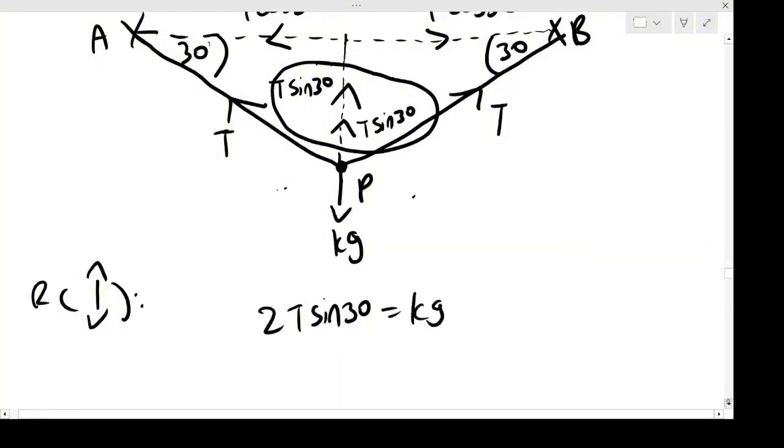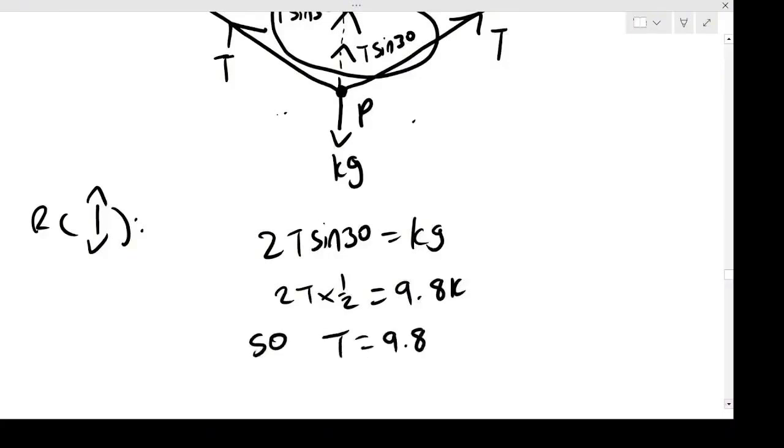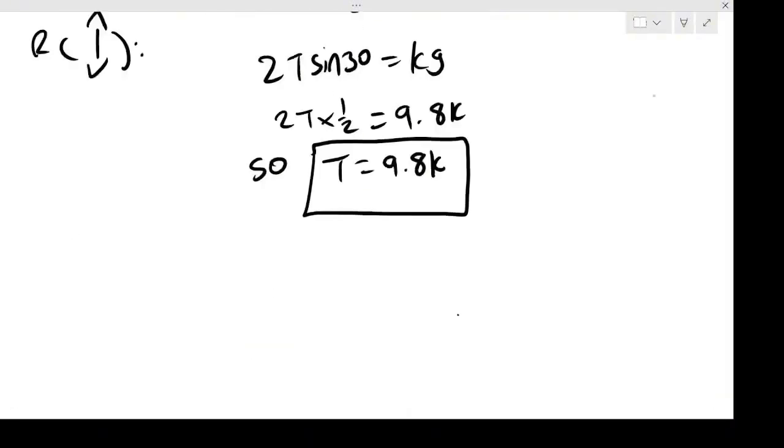Well, I can simplify this because I know that sine 30 is a half. 2T times a half is 9.8k, because g is 9.8. So that means now 2T times a half is just T. So T is 9.8k. And there we are.